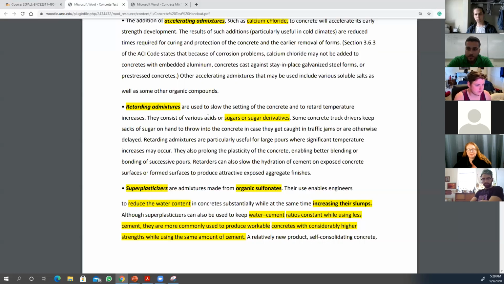You have 90 minutes. You can throw in sugar or sugar derivatives to retard the temperature increases and slow the setting of concrete, because the concrete starts setting at a certain time, and it was 90 minutes. Last year, I don't know if it changed, but usually it was 90 minutes. So check it out if you're interested.